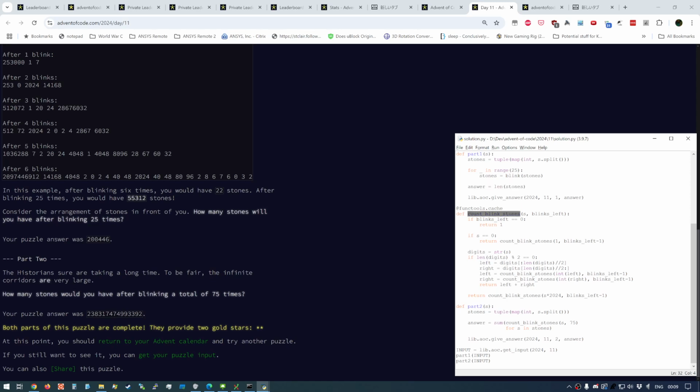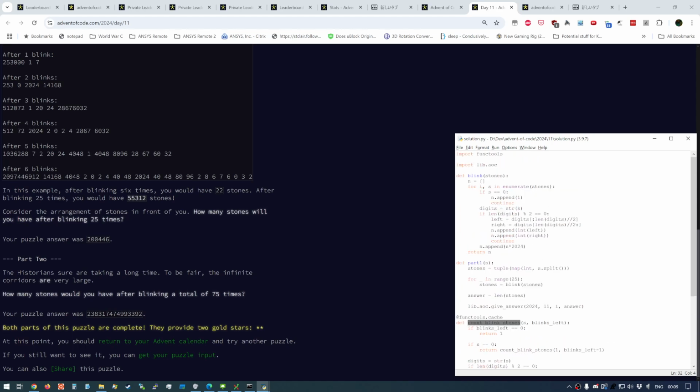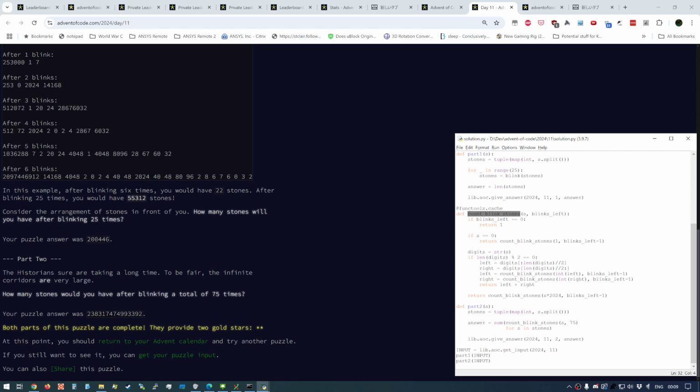So this second count blink stones, it's really the same rules as this first blink, where if it's 0, I do 1. If it's an even length string, I split it into 2. Otherwise, I multiply by 2024. But this is now memoized. So every time I see the number 2 with 6 blinks left, it's going to be the same answer. It really doesn't matter. So now we can just pretty efficiently calculate this.